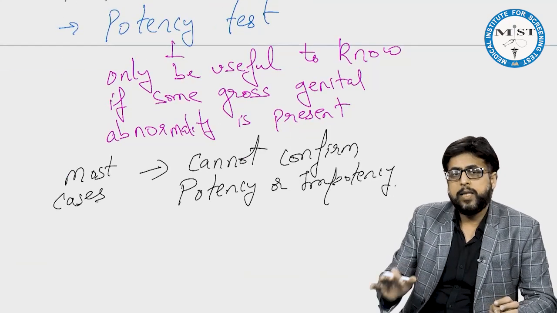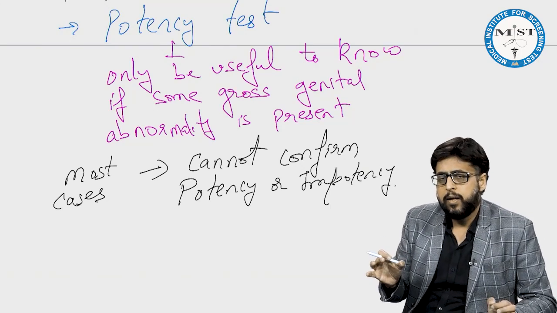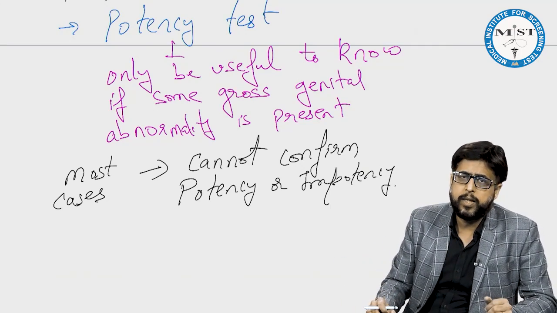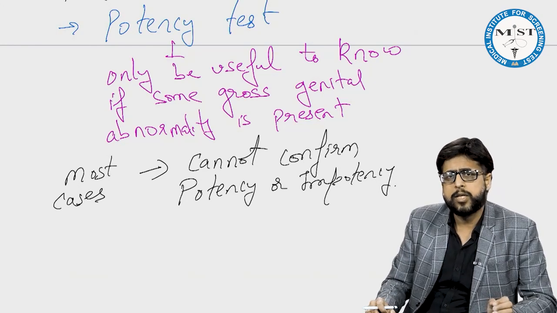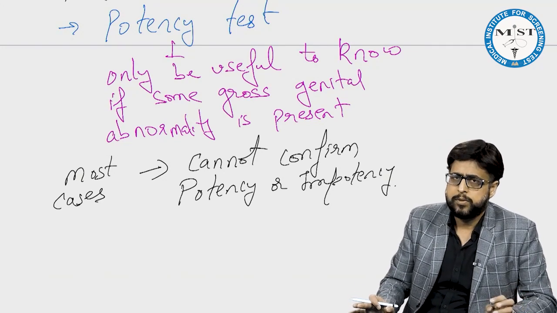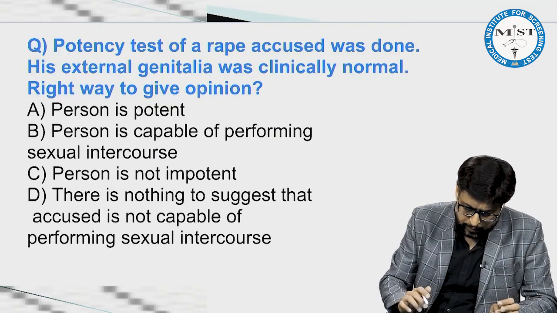So, the only thing you can do is see if there is any gross congenital abnormality. Is there anything to suggest that the person is capable of performing sexual intercourse or not? That is the main thing you can tell.